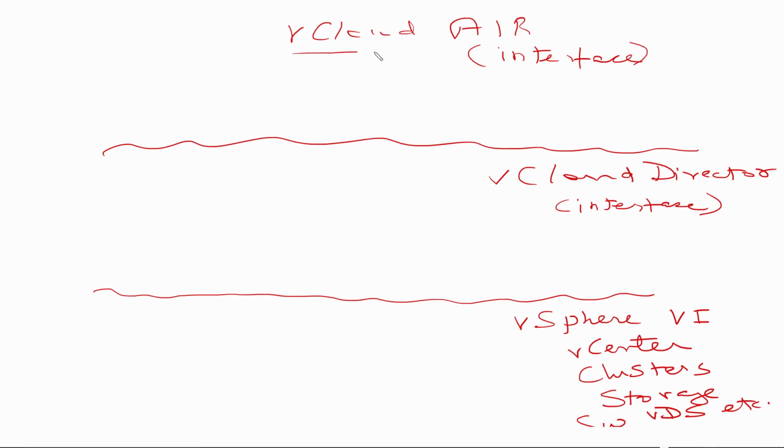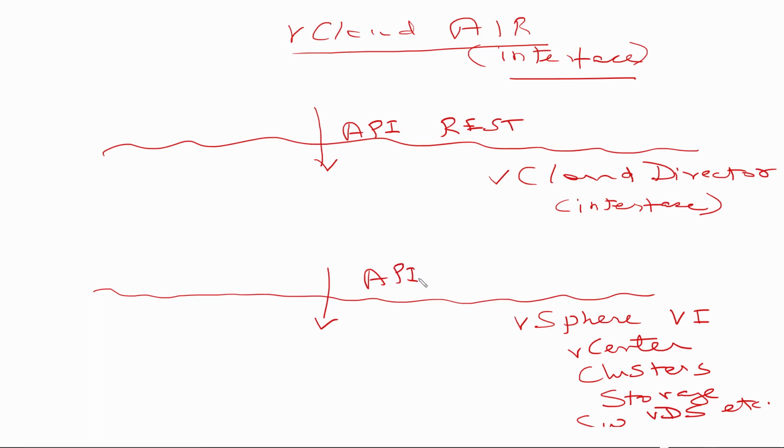So when we are actually working on the vCloud Air interface, what is happening is that the interface is sending API calls, REST calls, REST being representational state transfer, to vCloud Director. And in turn, vCloud Director sends API calls, which is a slightly older API from vSphere, so I'm pretty sure it's SOAP XML, over to the vSphere virtual infrastructure via vCenter usually, and then vCenter does its thing in terms of providing what's needed.